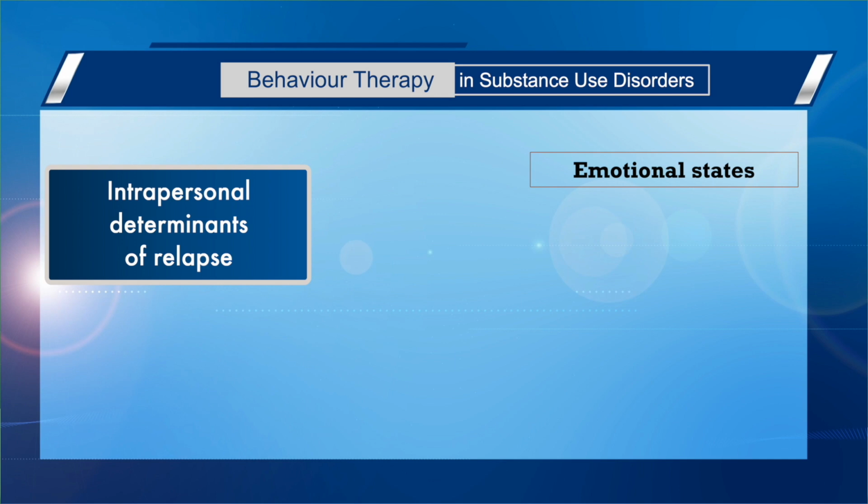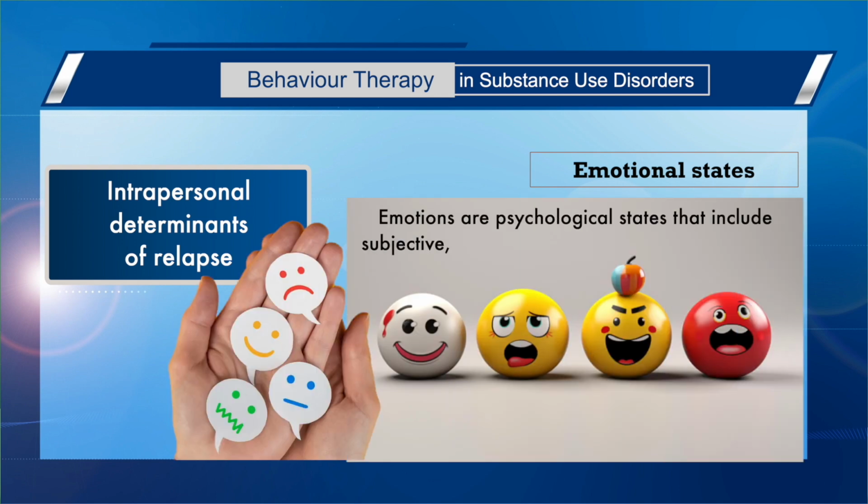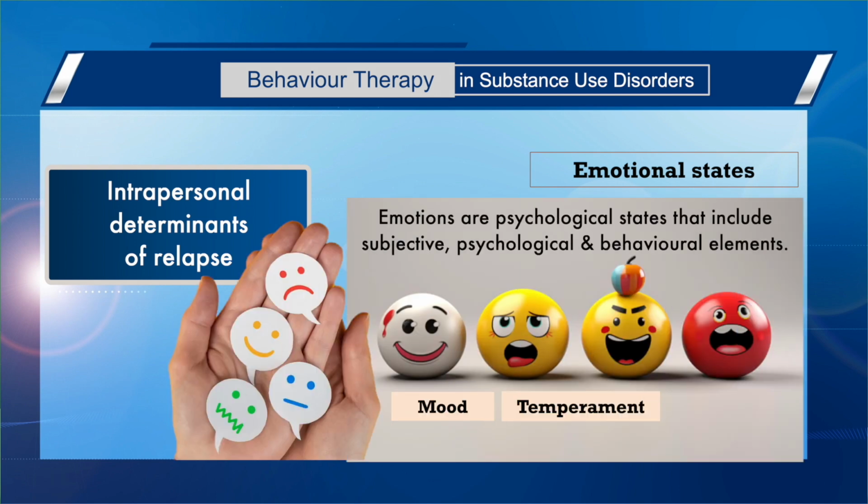So, let us see what the emotional states are. Emotions are psychological states that include subjective, psychological and behavioral elements and are associated with thoughts, feelings, behavioral responses and a degree of pleasure and displeasure.